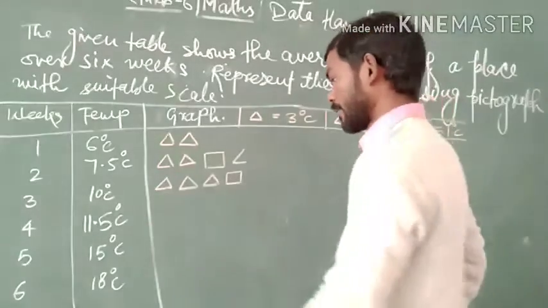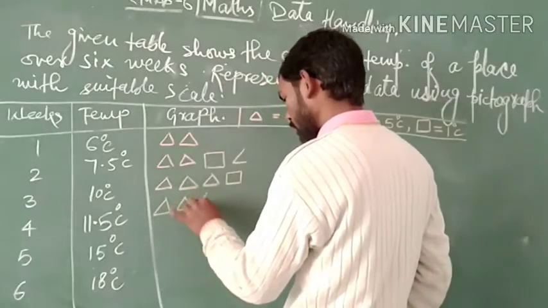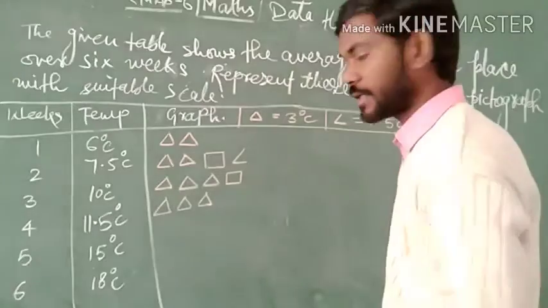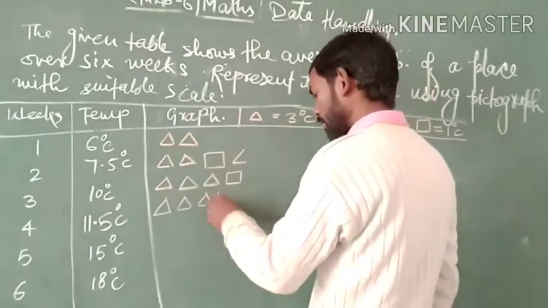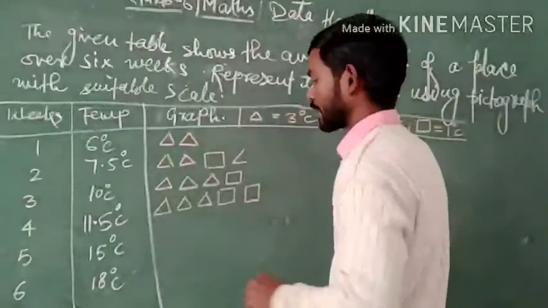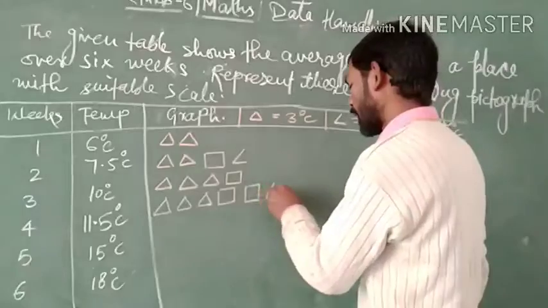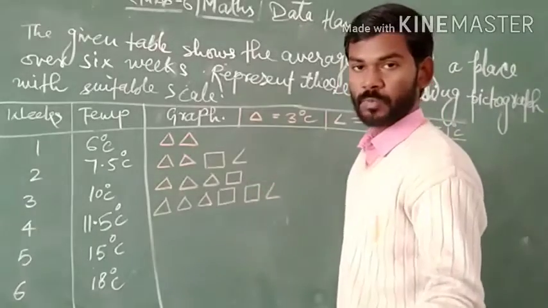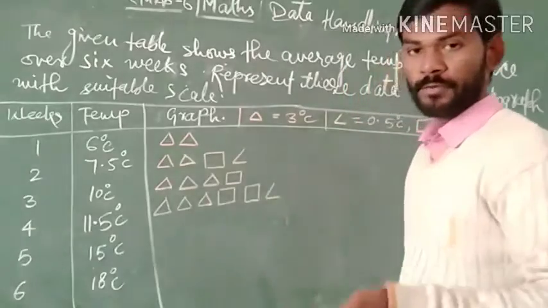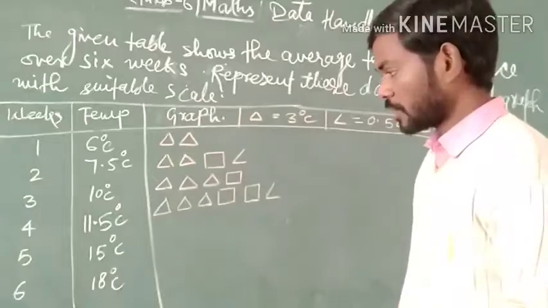Similarly for the next, first we draw three triangles. These three triangles will represent 9 degrees centigrade and 2 squares will represent 2 degrees centigrade. So 9 plus 2, 11 degrees centigrade, and half triangle will represent 0.5 degrees centigrade. So the total is 11.5 degrees centigrade. I hope this is also clear.